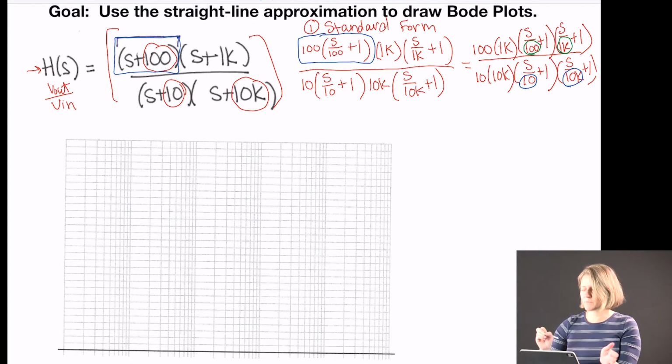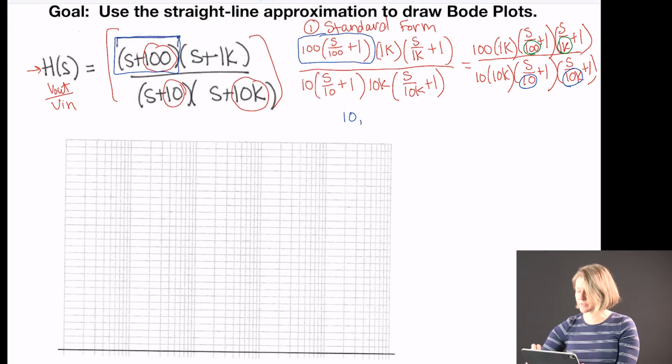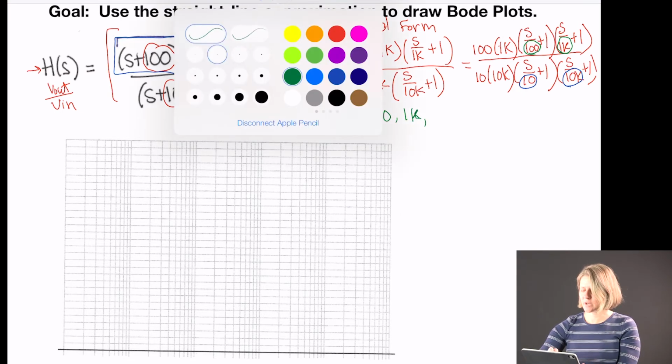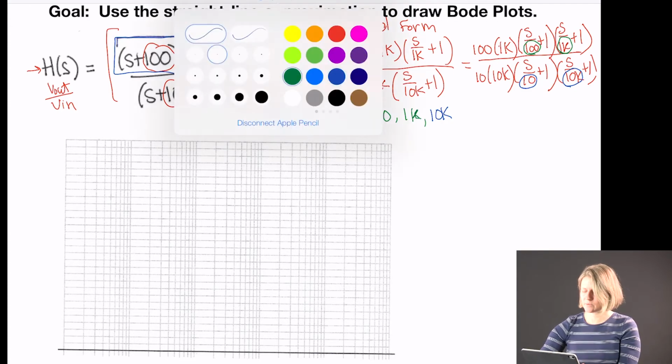Again, I order them from the lowest to the highest. So 10 is going to be a pole, and that is the lowest value. 100 is next, and that is a 0. And then 1k is also a 0. And then we have a 10k pole. So these are our poles and zeros.